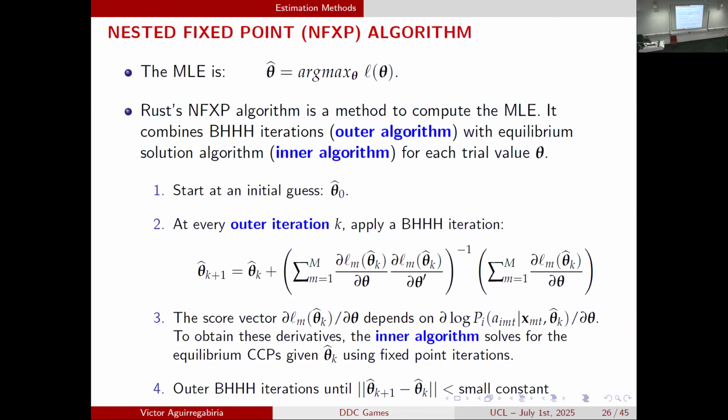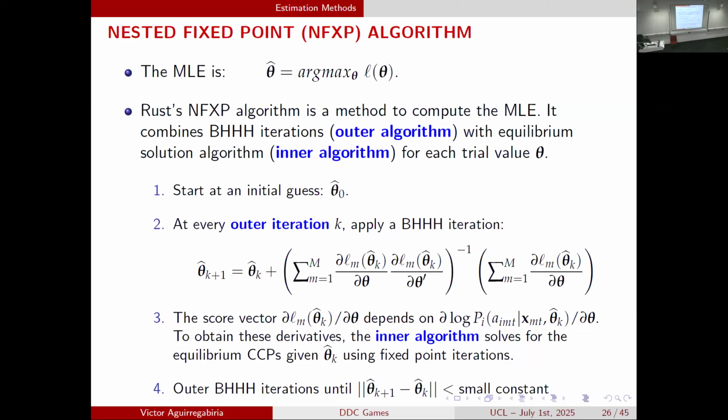Then, in this context, we can use a standard nested fixed point algorithm, and that's what these applications have used given these assumptions. We use a nested fixed point algorithm where at every outer iteration we make a BHHH step to maximize the likelihood function. These are the scores of the likelihood that I have presented before.